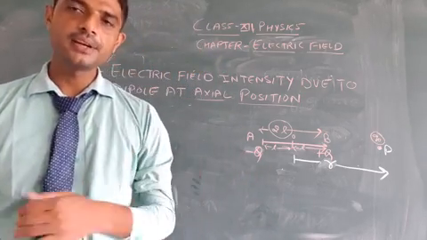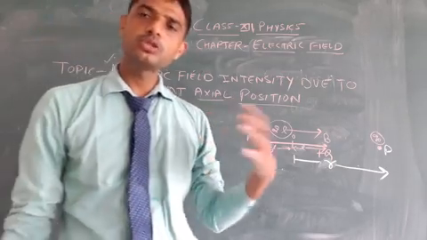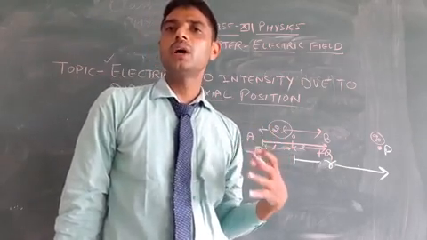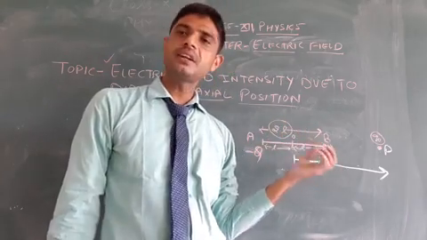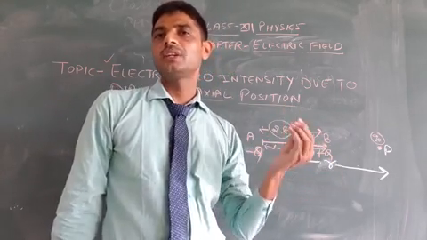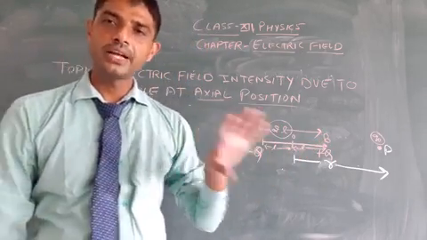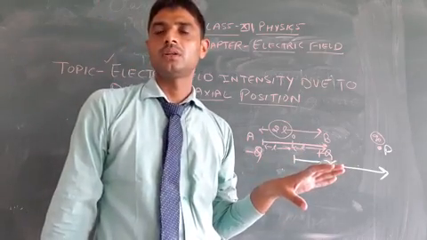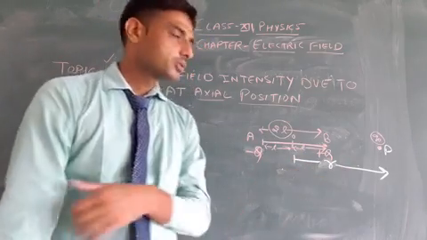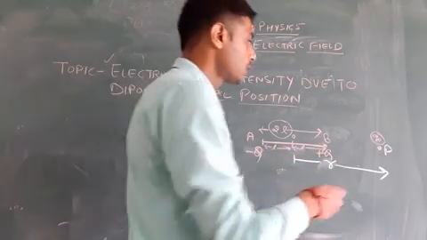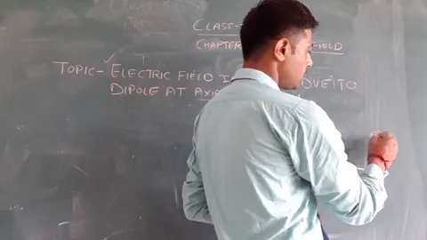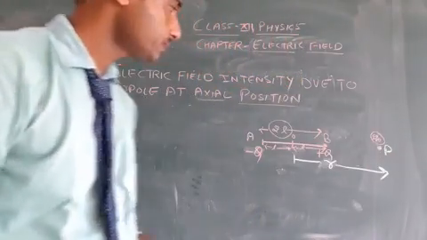It is not mandatory, but in most situations you take a positive test charge. There is no problem, you can solve with a negative test charge as well. So this test charge is positive in nature.